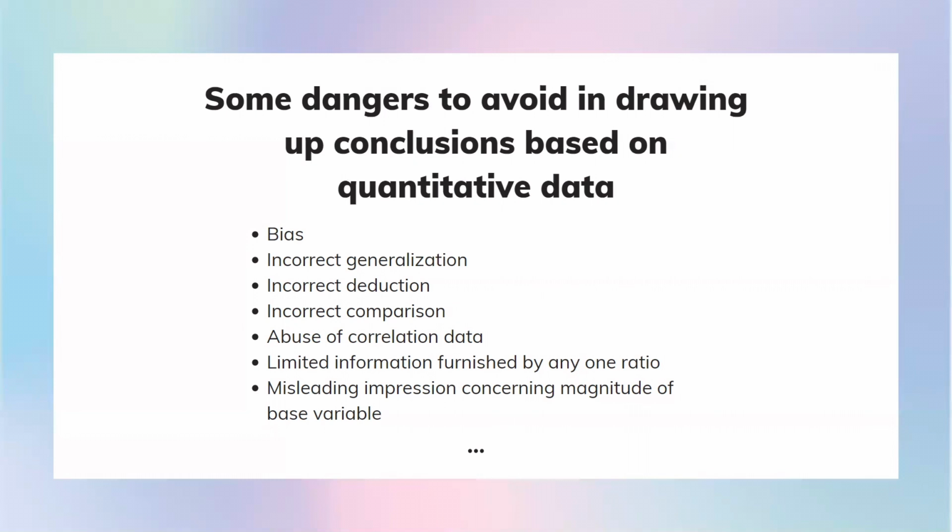Lastly, we have misleading impression concerning magnitude of base variable. Ratios can give erroneous impressions when they are used to express relationships between two variables of small magnitudes. Take the following examples. A college announced that 75% of its graduates passed the CPA examination at a certain time.